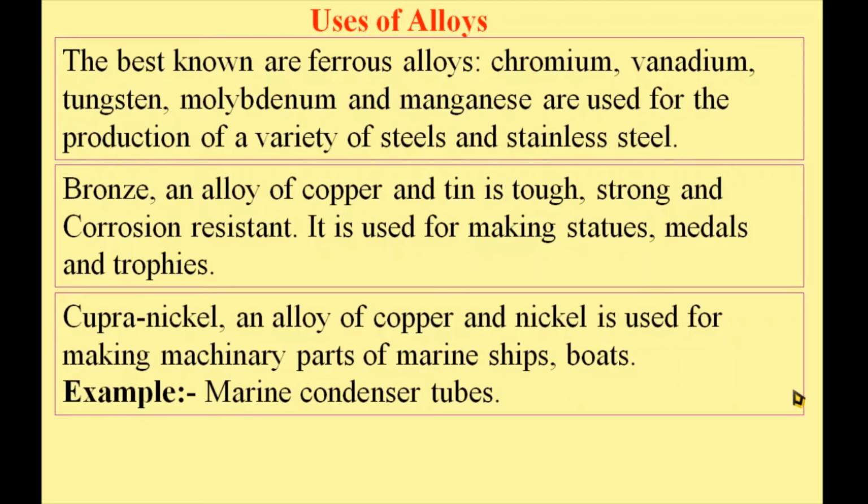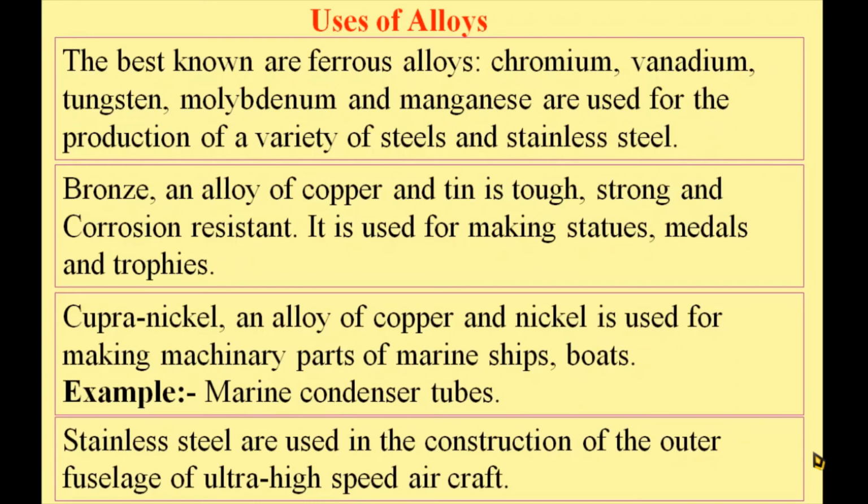In order to preserve and maintain the ships and boats, instead of iron, at most places cupronickel is used, for example in marine condenser tubes.